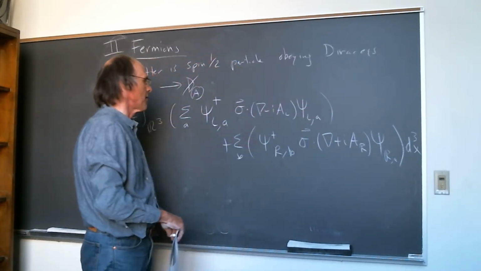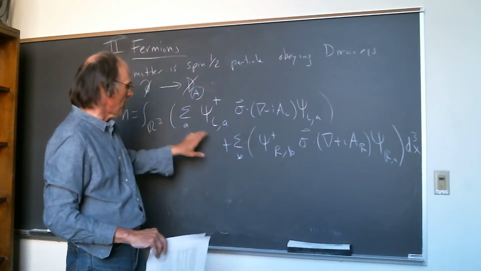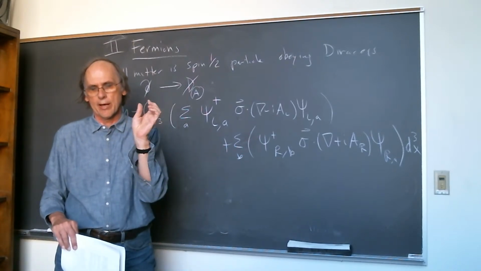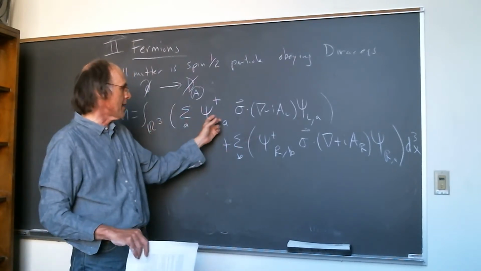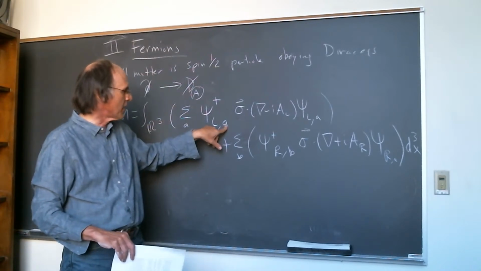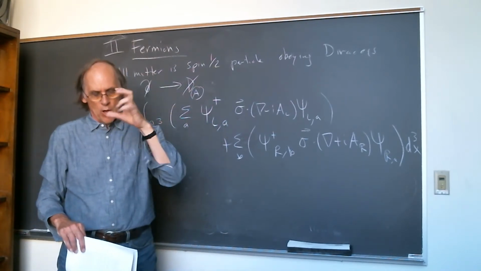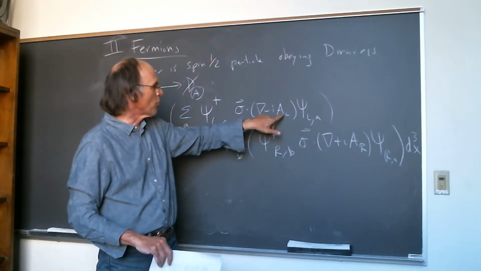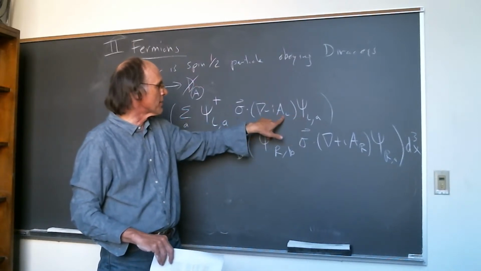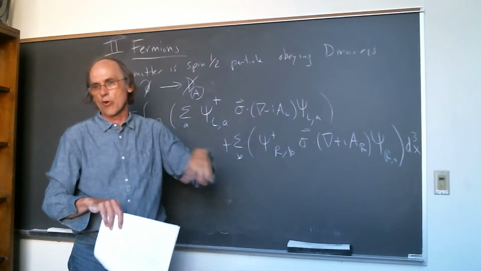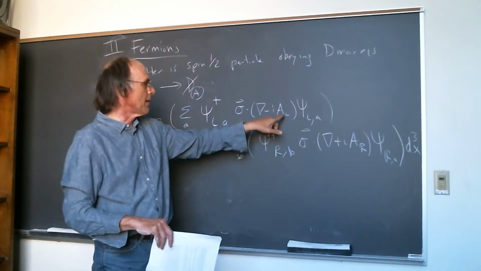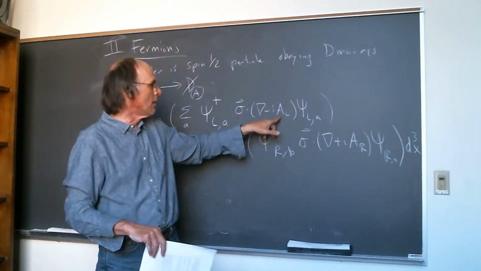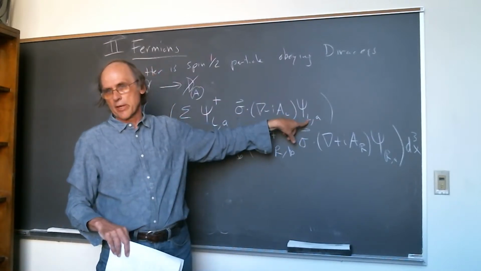For each of these there's a sum over A or a sum over B, which is really just a sum over representations. There are extra indices which tell you what the representations of those symmetries are. The gauge field is going to be in the Lie algebra of U1 cross SU2 cross SU3, and the way it acts on these fields is given by knowing what representation of the group they are.